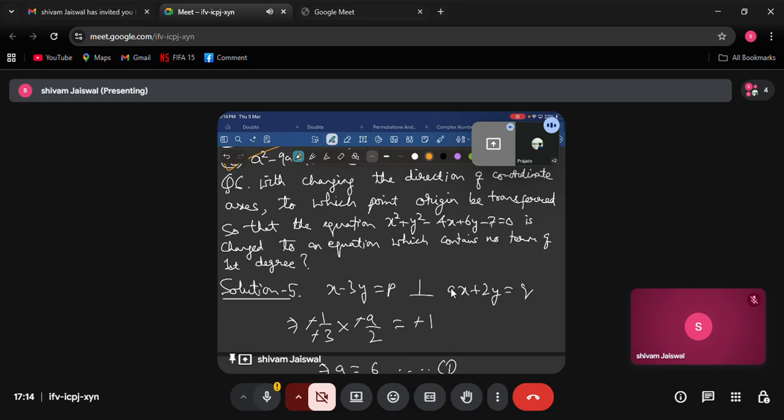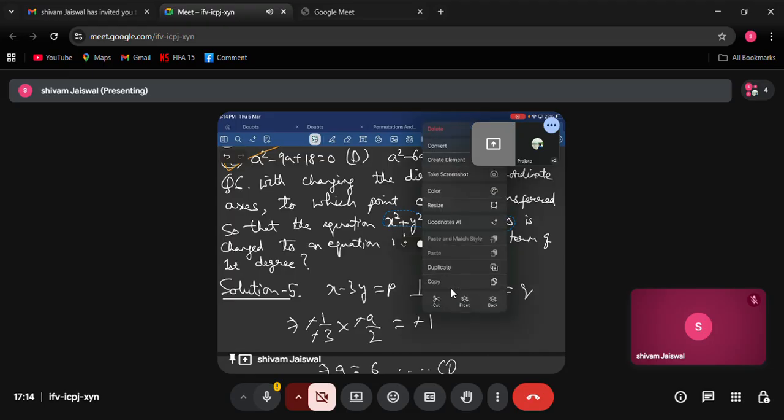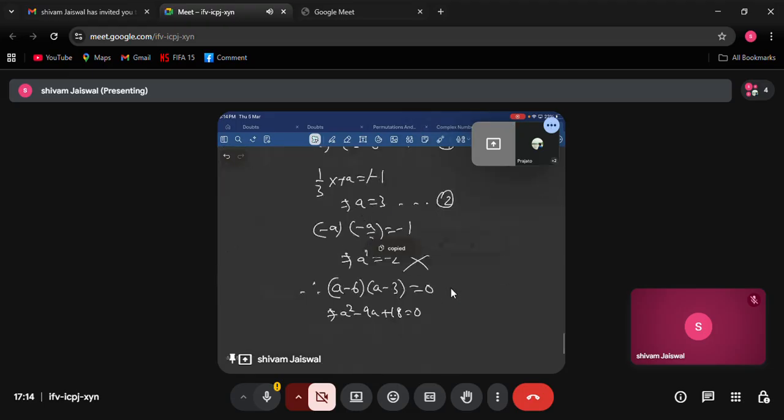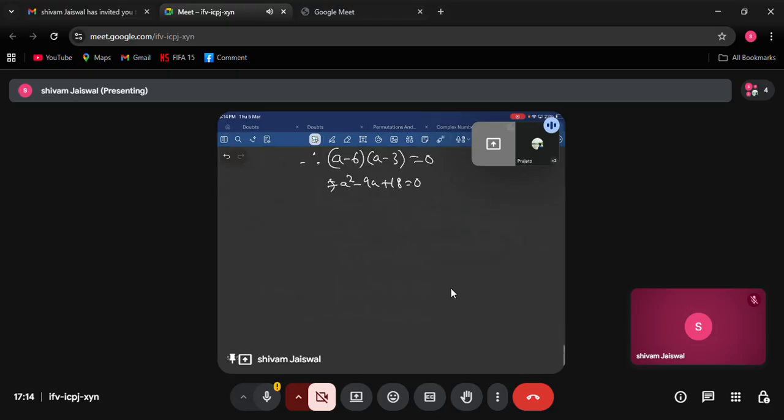Yes, Pratto and Devaita, should I start? Okay, it is written that there is no 1 degree term. You see, let us say that the origin is shifted to h comma k.